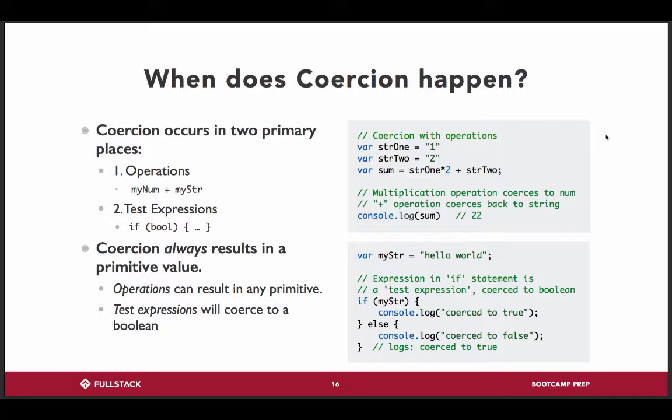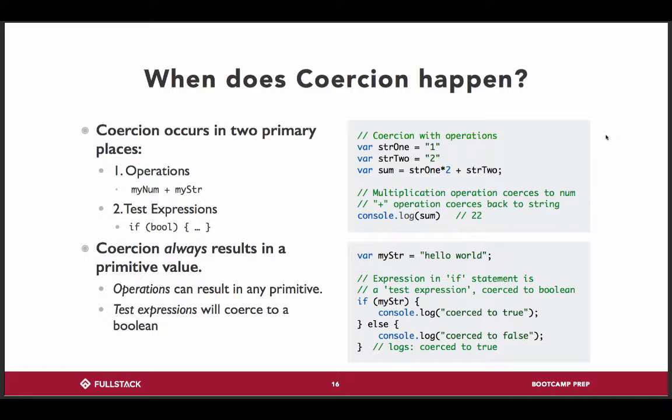When coercion happens, it'll always return some primitive value. Maybe it's undefined, maybe it's a string. A lot of the times it's either undefined or a string. But that's why typeof is really useful.